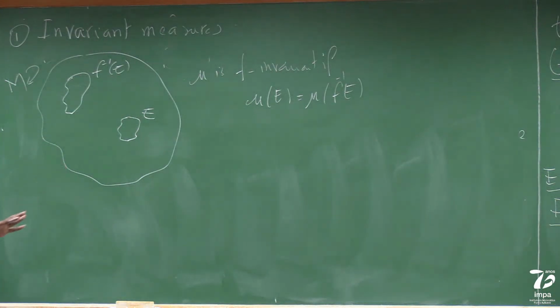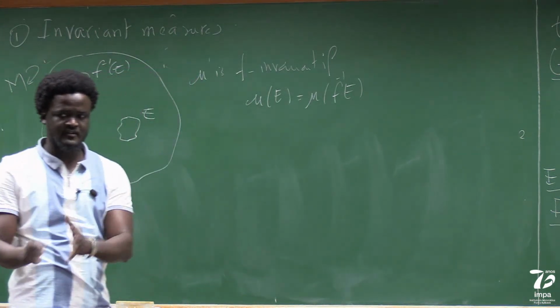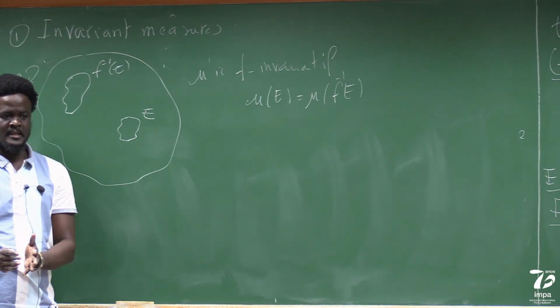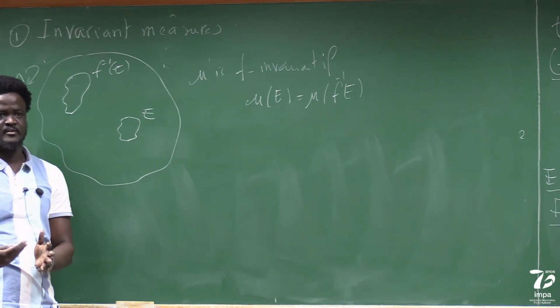These are very interesting to study because, first of all, we will see maybe next week that once you have an invariant measure, it implies something interesting about the dynamics. Like there is a well-known Poincare recurrence theorem that you derive from invariant measure.